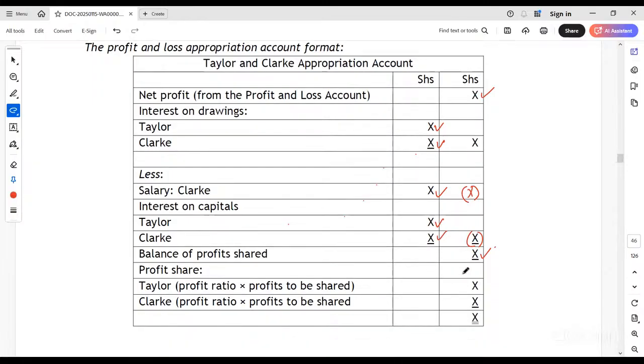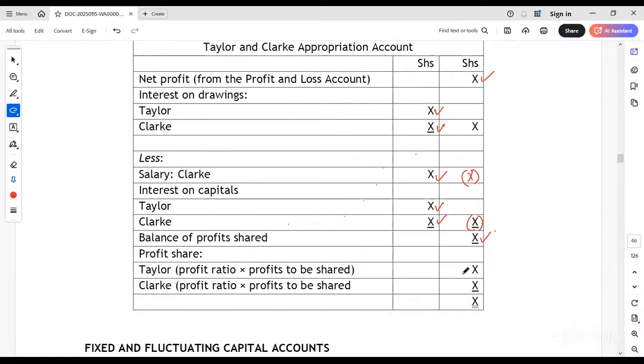After getting the profits to be shared, now that profit has to be shared. So you get the profit ratio times the profits to be shared for you to come up with a profit share of each of the partners. So this is what we call the appropriation account.